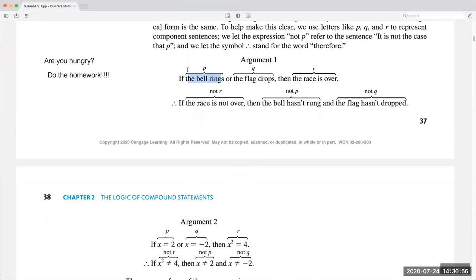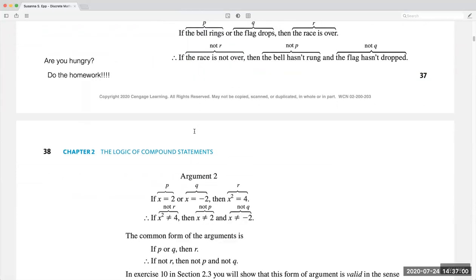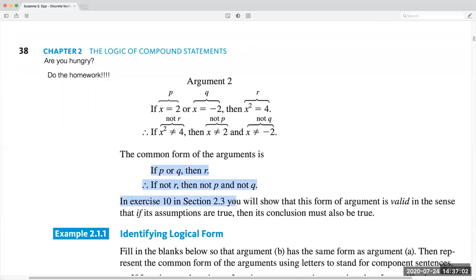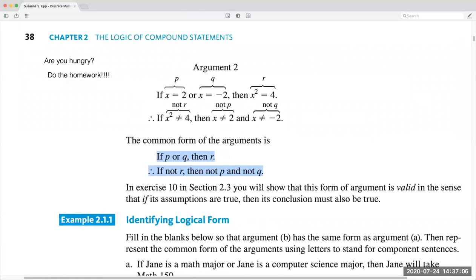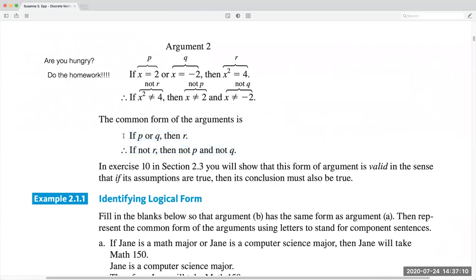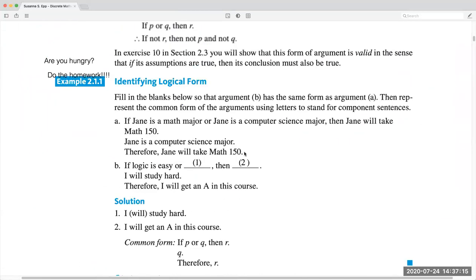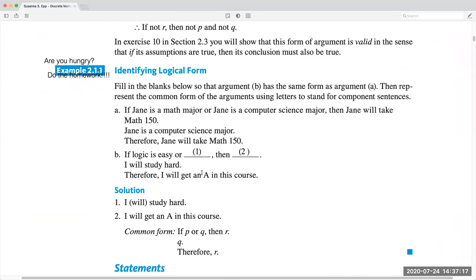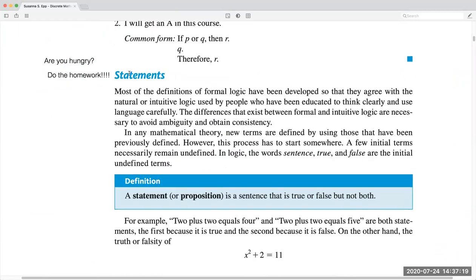We just look at the structure. So these two arguments have the same structure. And in this chapter we analyze this kind of structure. So you can skip this one.